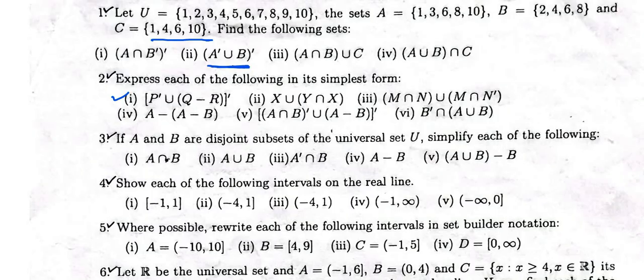So the next one here is straightforward. They're saying X union, there is Y intersection X. So are you okay if I say the answer here is X?